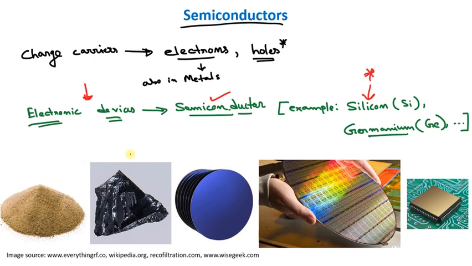You will be surprised to know, it is nothing but sand. This is the starting material of any electronic device. From sand we do some process and we get pure crystalline silicon, as shown here.